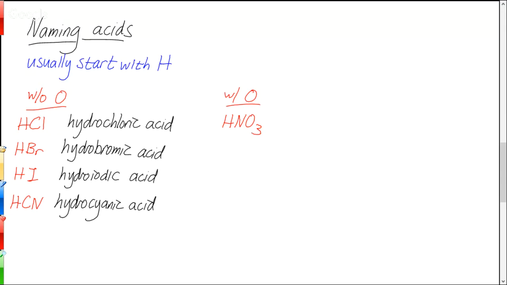Let's say in a molecule like this, HNO3. When they have nitrogen or an oxygen, you leave off the hydro on the beginning, even though they still start with the H in the formula. You leave off the hydro, and you name them based on the name of the ion. So NO3, what is the name of that ion?